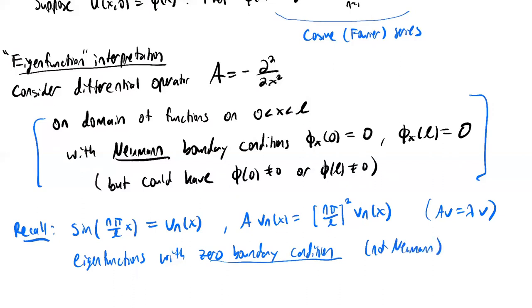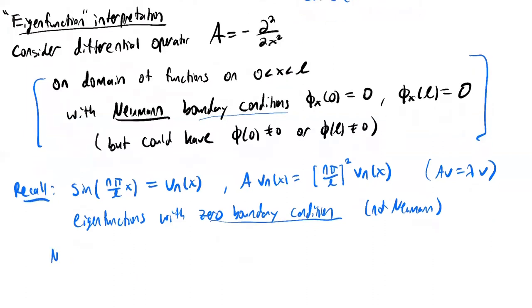And so in particular, we can check just by differentiating that these functions Vn of x, the sine of n pi over L times x, do not satisfy the Neumann boundary conditions. So for the problem we're considering now, they're not in the domain of the operator, right?